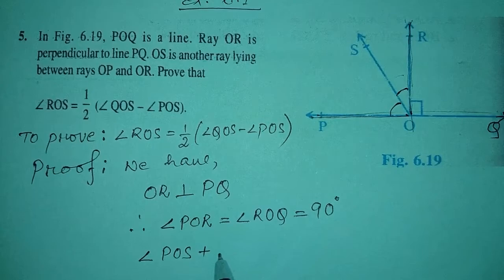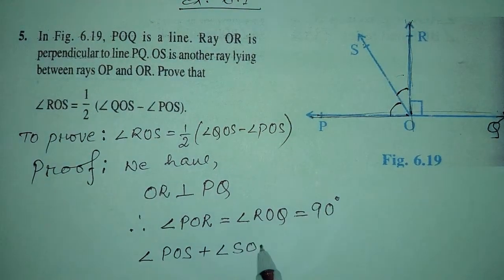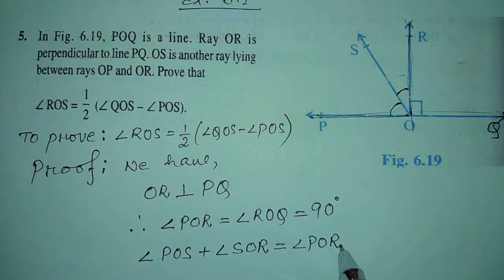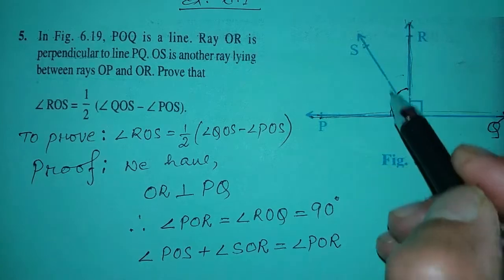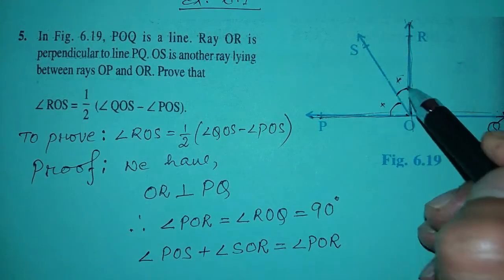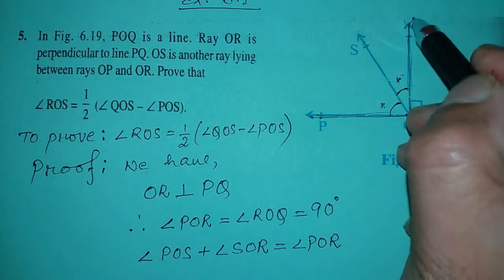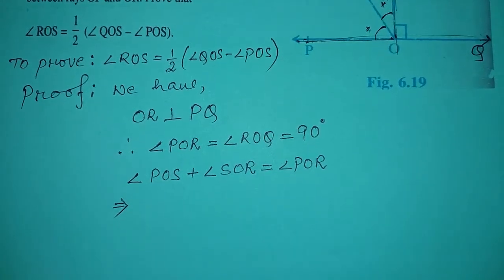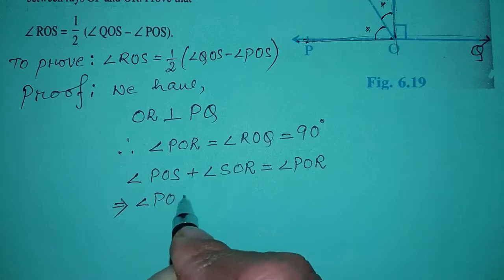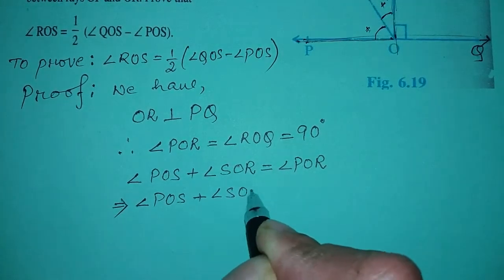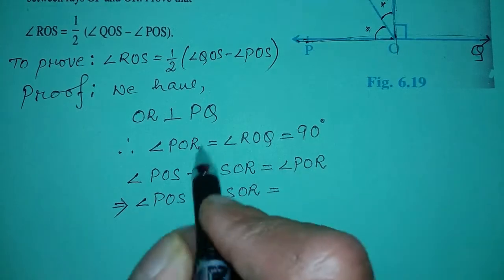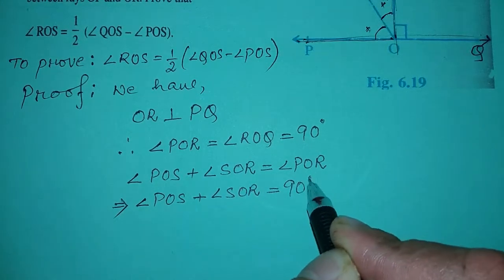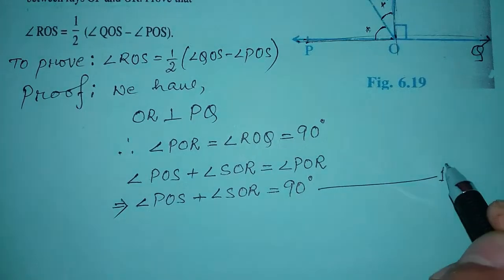POS is this angle and SOR is this angle, so you add these two and then you get this big one. Now angle POS plus angle SOR is equal to angle POR, which is 90 degree, so we're going to give it 1.